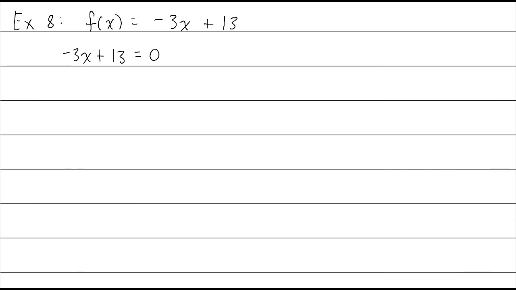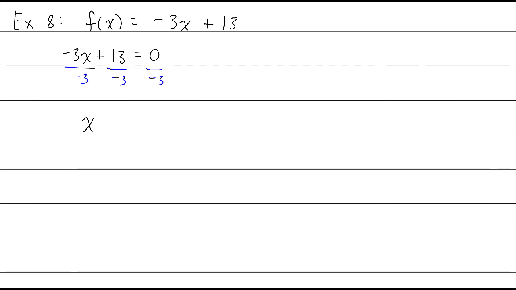I'm going to write this one out. I want you to see that it doesn't matter the order that you apply these principles, but usually we do addition or subtraction first, and then multiplication or division. But anyway, negative 3x divided by negative 3, we cancel out the negative 3, I'm left with x.